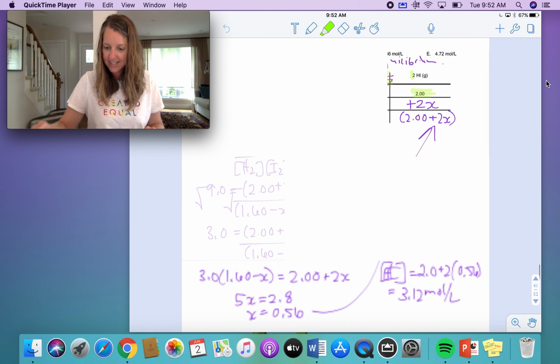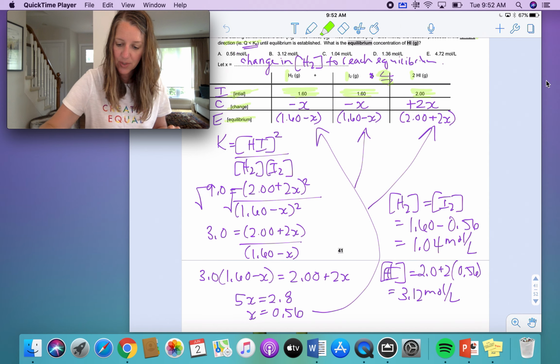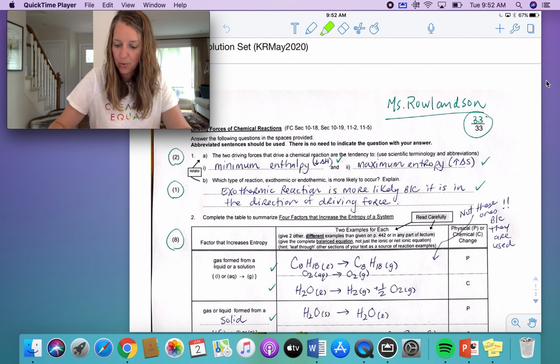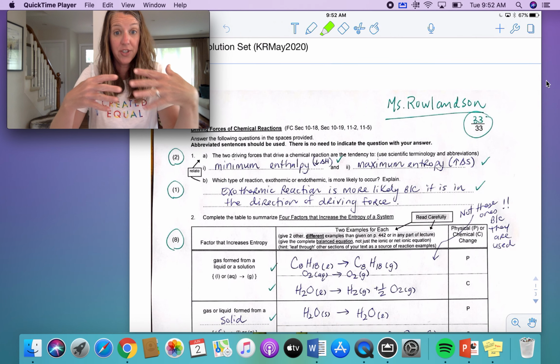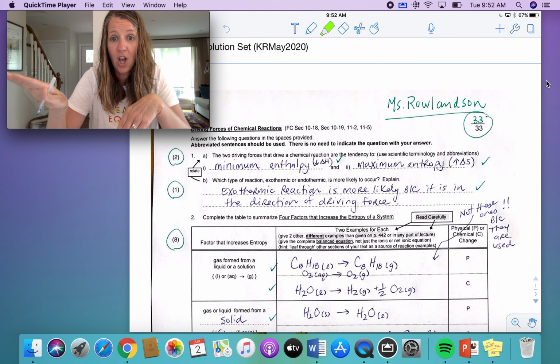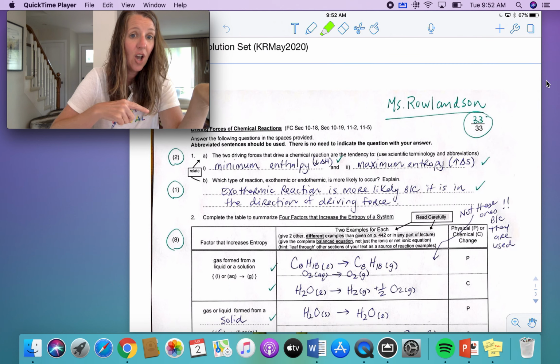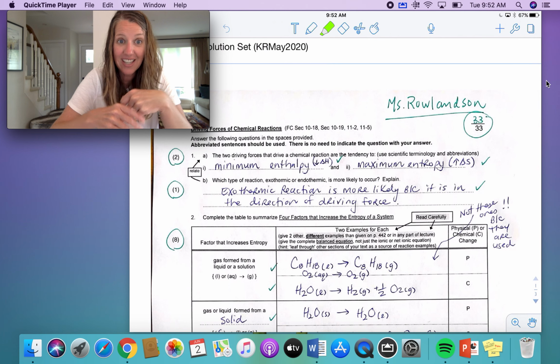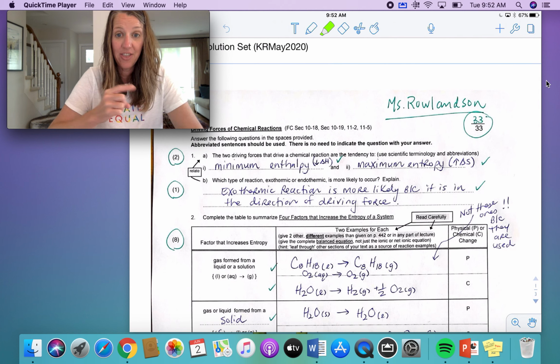Lastly, I just want to go over that concept of driving forces. The driving forces are what's going to push a system to either go to completion, favor the reactants, or favor an equilibrium, and it just has to do with what wants to push that system the way the natural forces of the world want it to go. So minimum enthalpy, maximum entropy.